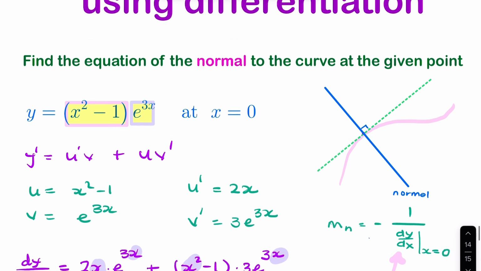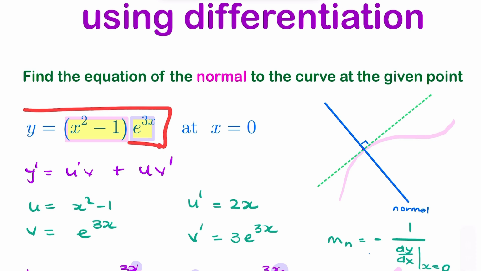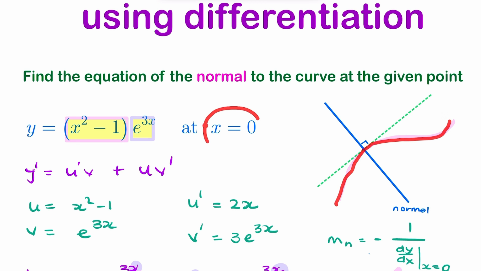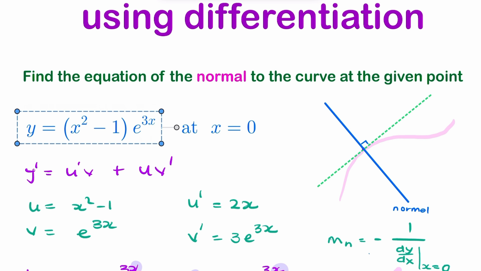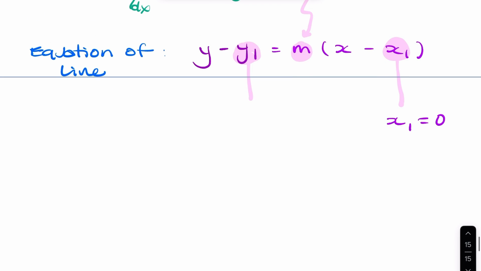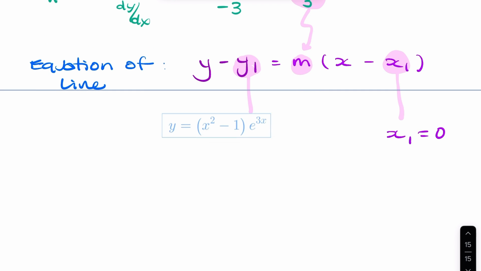Now, if you go back to the question, we know y is a function of x, and we know that the point we're interested in is x equals 0. So if we substitute 0 into the expression for y, we should be able to find y1. So I'm going to do that right here.